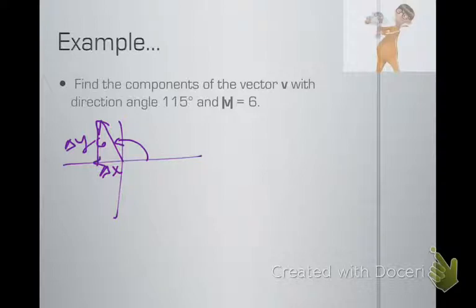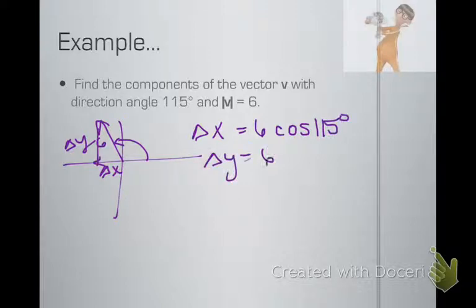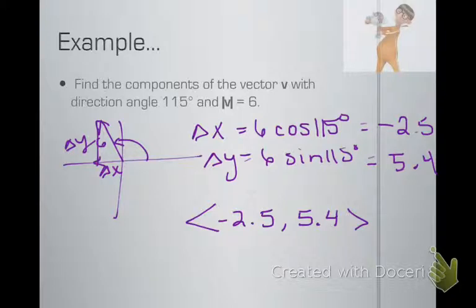My x component will be 6 cosine 115. And my y component will be 6 sine of 115. Once I calculate those, I get my two components as negative 2.5 and 5.4. So v equals those two components.